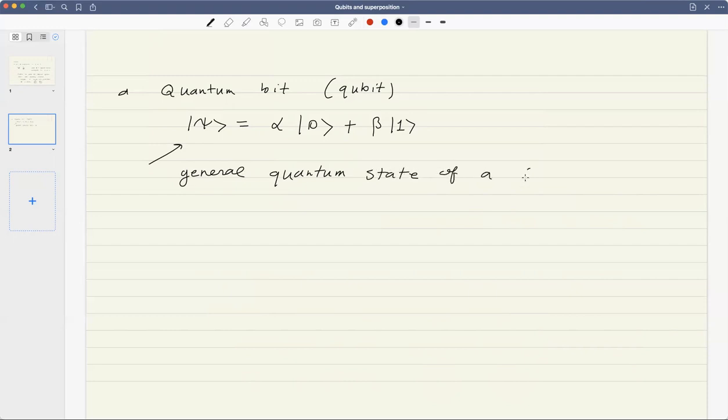Of a two-level system. Alpha, beta are complex numbers.